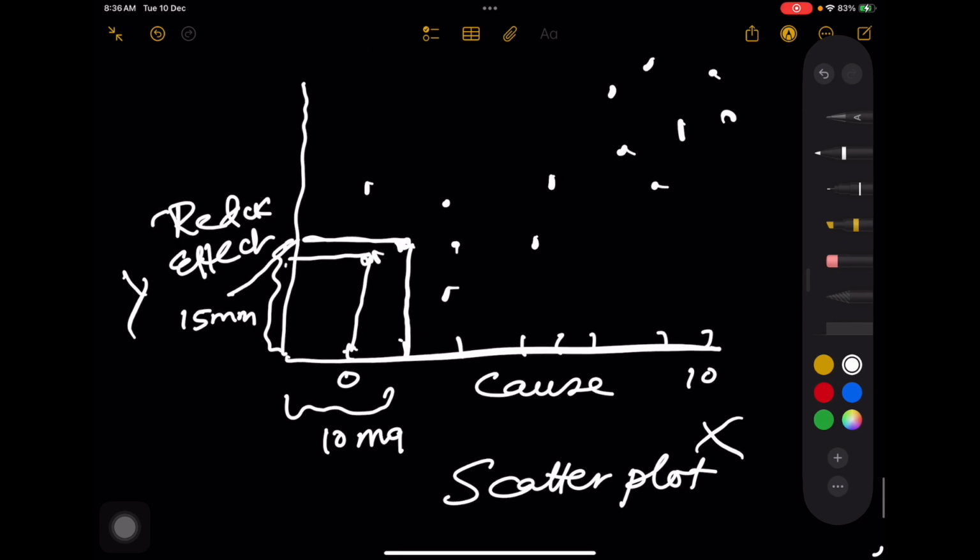Now what you do is that you try to draw a line which is closest to all the dots. And how do you find it out? For example, this is your estimated value by the line, and this is the observed value. So there is a difference between the observed and estimated value. And this difference is positive.